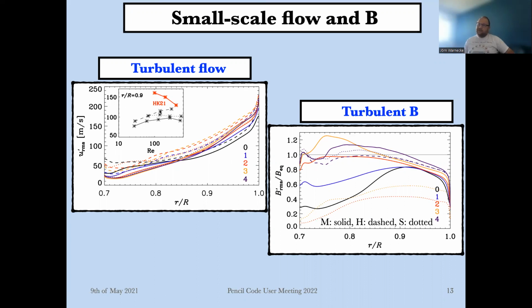So these are the hydro runs, they actually show a stronger increase. And this is a comparison to Hideyuki Hotta's very recent results, where he claimed, with a very efficient small scale dynamo, a strong decrease of the UMS.